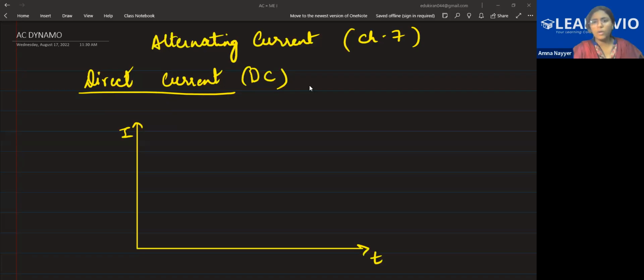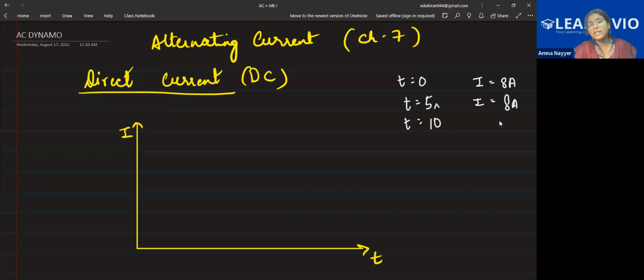Suppose I started the timer at t equal to 0, and the current is, let's say, 8 amperes. The question can say that after t equal to 5 seconds, the value of current is still 8 amperes.